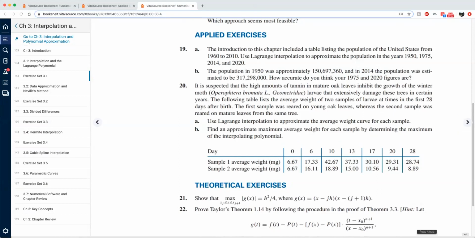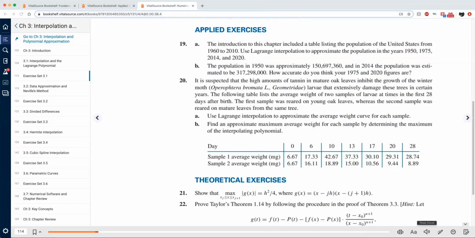All right. So problem number 20 says that it is suspected that the high amounts of tannin in mature oak leaves inhibit the growth of the winter moth larva that extensively damage this tree in certain years.